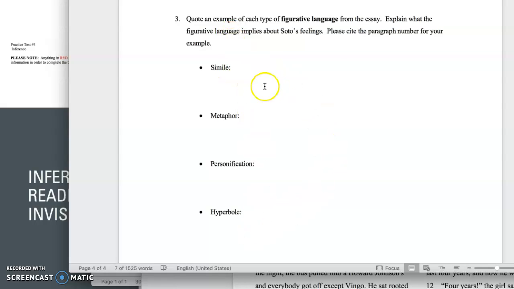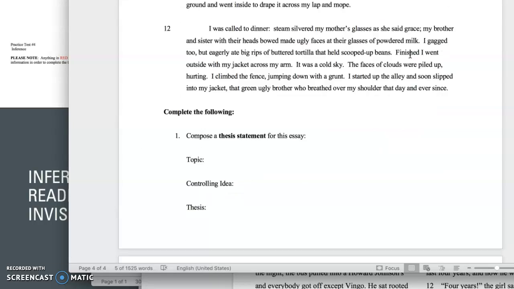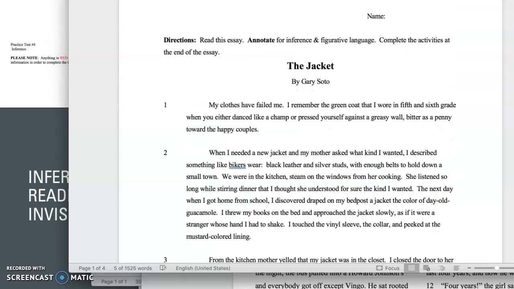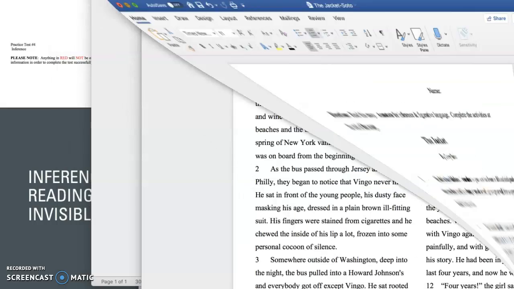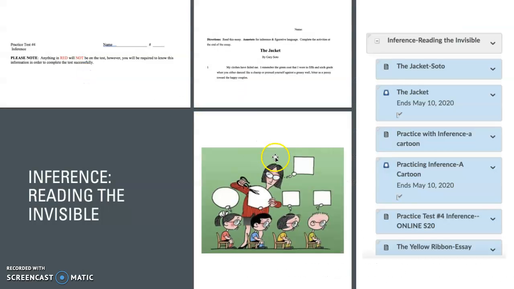So you're going to find a simile, quote it from the text word for word, and then explain what the figurative language implies about Soto's feelings. And again, please cite the paragraph number. Those are the things for The Jacket. You're going to do that, and that's easy.